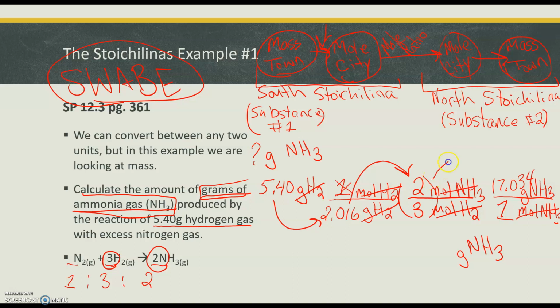After we've done that, we are again going to multiply by 17.034 because dividing by 1 doesn't do anything. This will give us the answer of 30.418 grams of ammonia. Remember, we have our numerical answer, our units, and our substance.